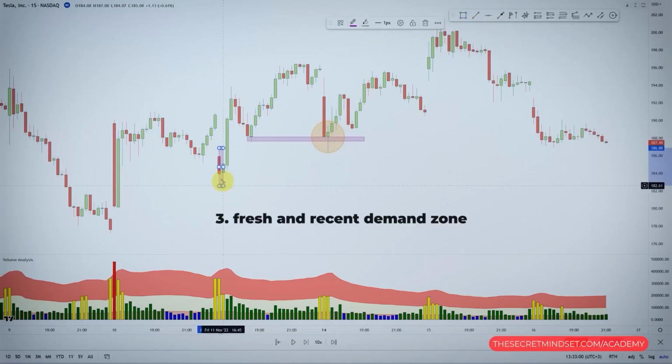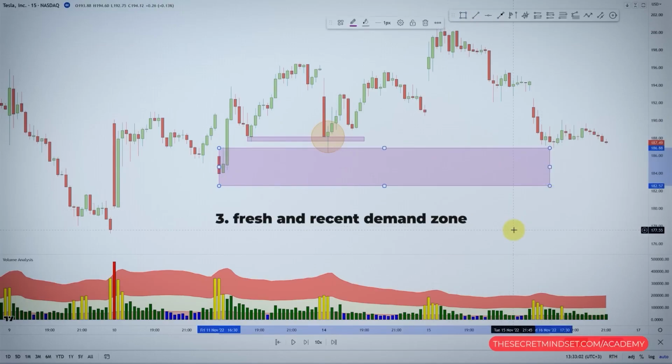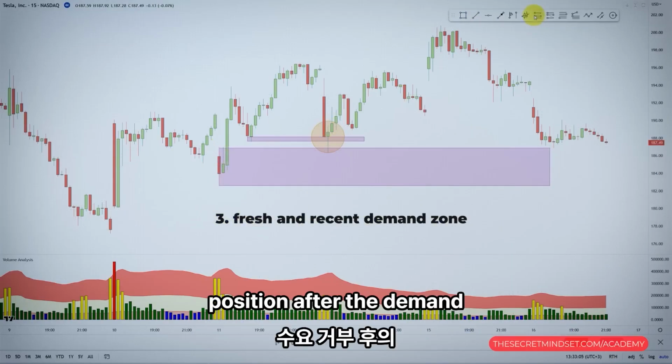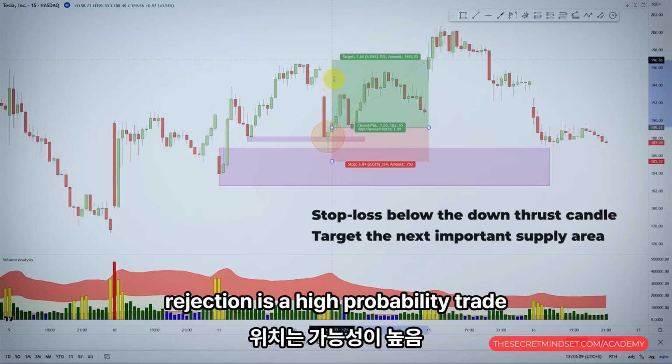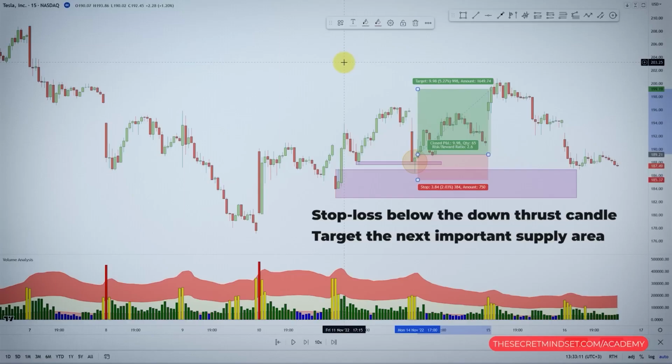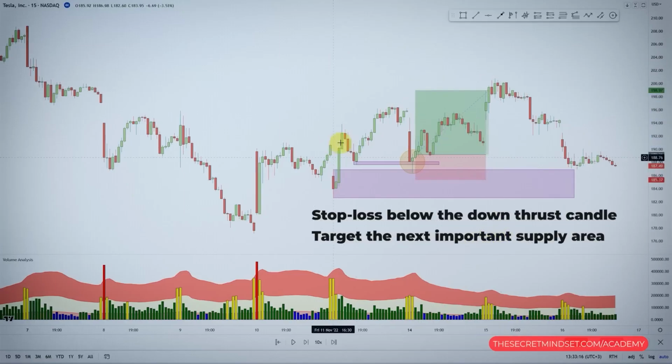We also have a fresh and recent demand zone right here. A long position after the demand rejection is a high probability trade. Stop loss below the down thrust candle and target the next supply area.